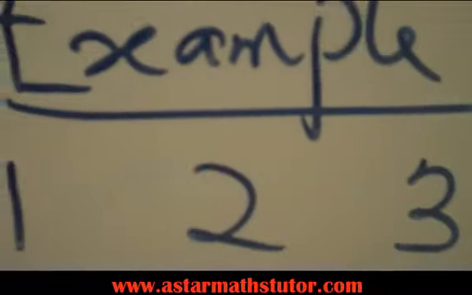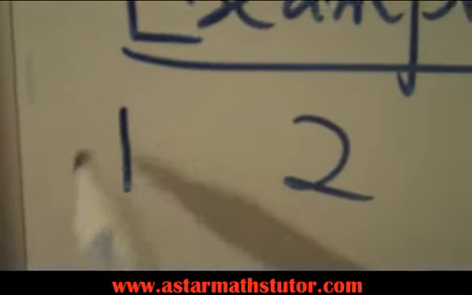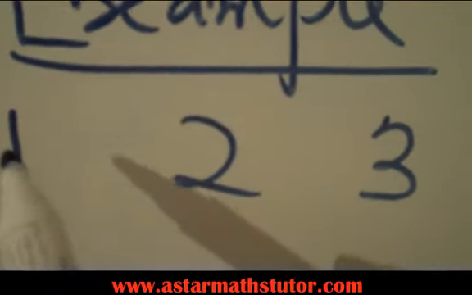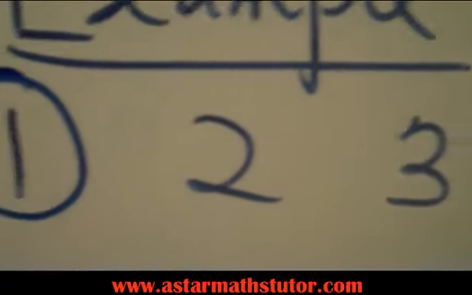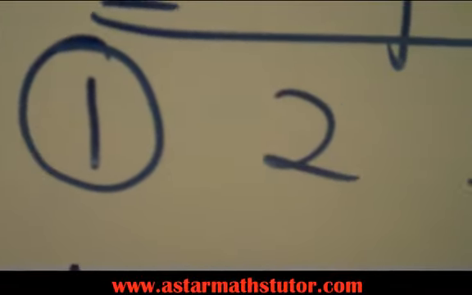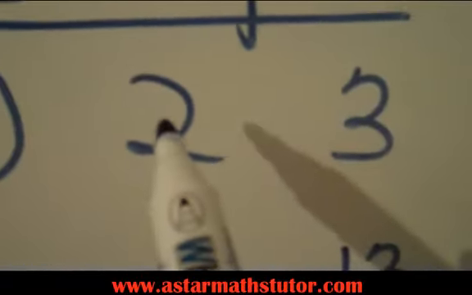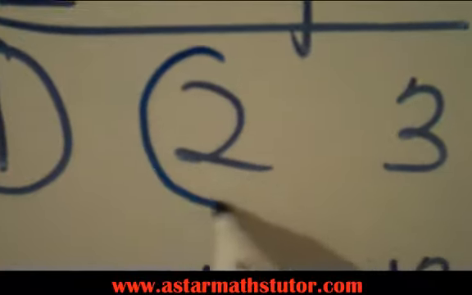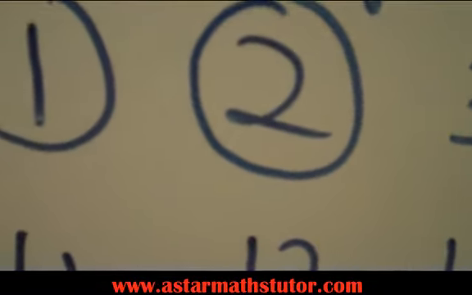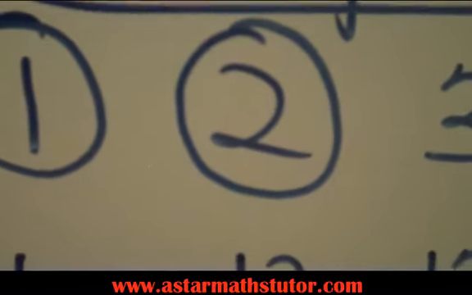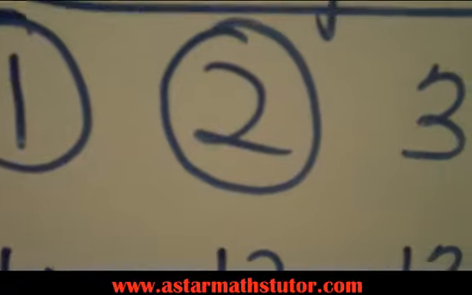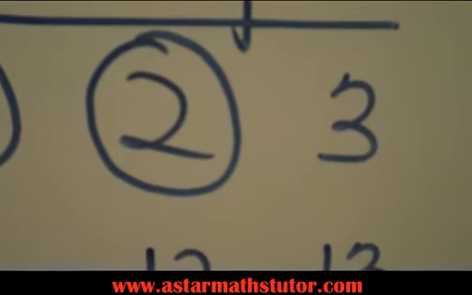Like I told you, 1 is a universal factor. We can only say 1 is a prime number because it can only be divided by itself or 1, which is still 1. Then 2 is also a prime number because it can only be divided by 2, not giving a remainder, and by 1. 2 divided by 2 is 1, and 2 divided by 1 is 2.